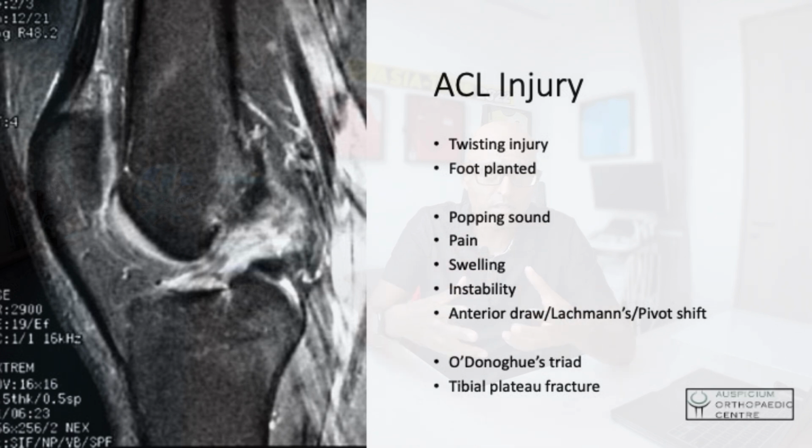And in situations where you have the meniscus tear as well as the MCL, you have O'Donoghue's triad, or there could be tibial plateau fractures as well. Now, all of these can be happening simultaneously. And so going back to identifying what the mechanism of injury and the progression of symptoms were is really important to identify how much this is going to be affecting the individual.